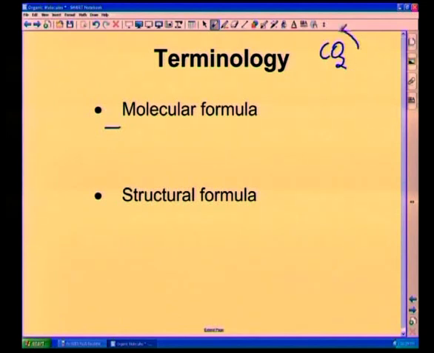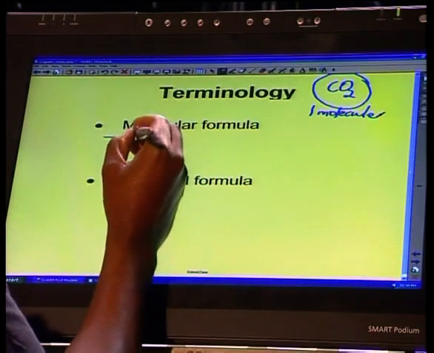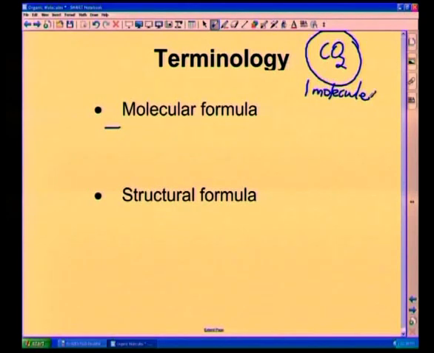This CO2 here is called a chemical formula. Because it's a chemical formula representing one molecule of carbon dioxide, we call it a molecular formula of carbon dioxide. In other words, it is a formula that tells us about one molecule of that substance. So a molecular formula for organic chemistry as well will be a formula that tells us about one molecule.